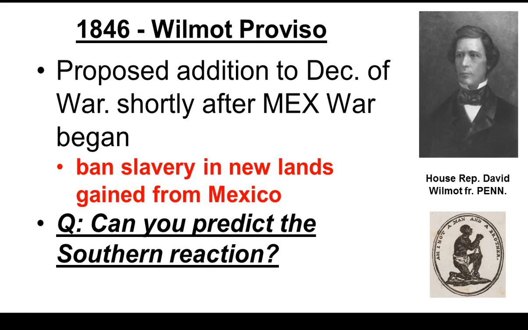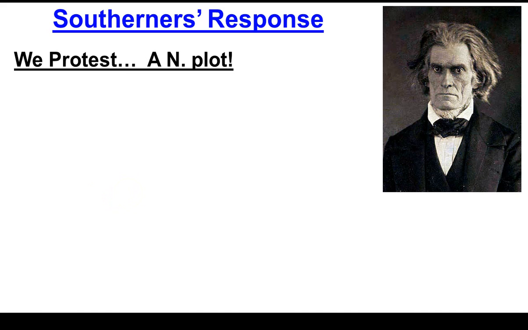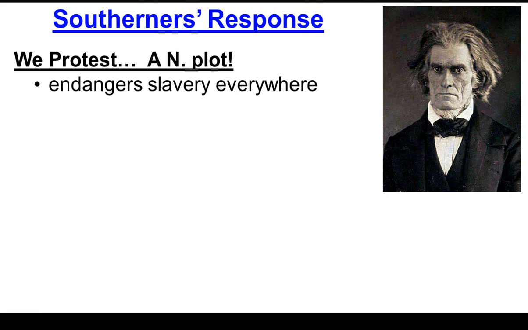So this Wilmot Proviso basically was a proposed addition to the Declaration of War after it was passed, and was going to ban slavery. Southern reaction, they go crazy, they turn into purple minions, and one of those purple minions is, we should color his face purple here, John C. Calhoun of South Carolina, former vice president, nullifier, hater of the tariff, all of that kind of thing. They protest.